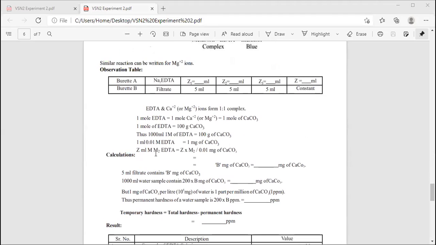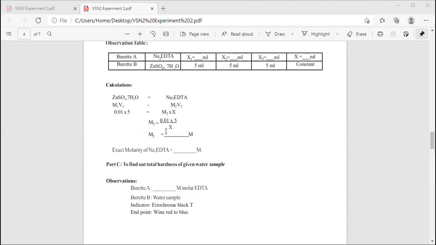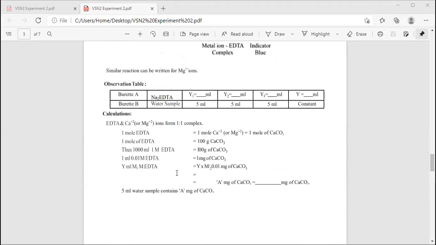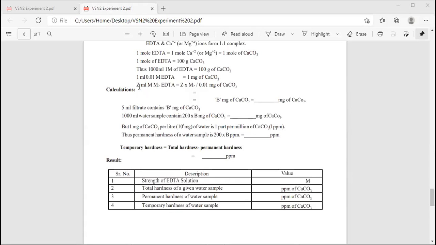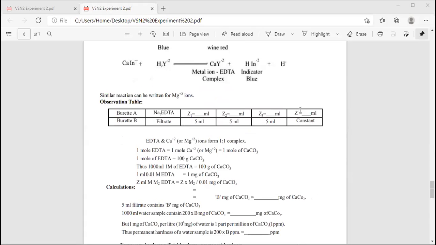Substitute 1.7. M2 is your same 0.0096. That you have to substitute here. So Z is your 1.7, which I have given you here. 1.5, 1.7, 1.9, so the constant reading is 1.7. So 1.7 into 0.0096 into 1 divided by 0.01.